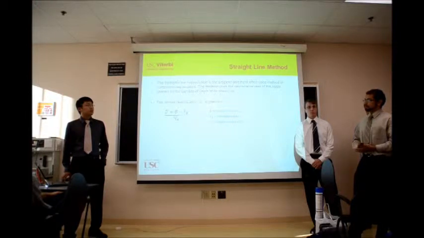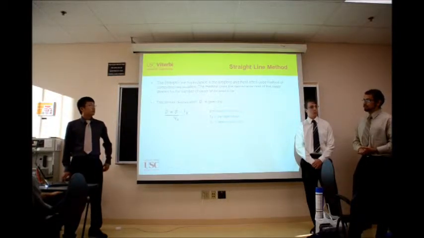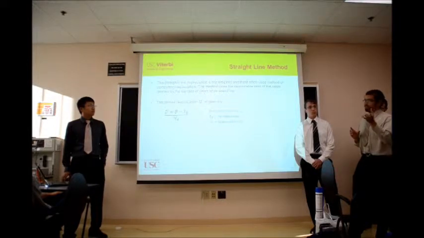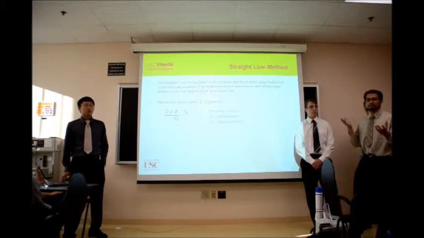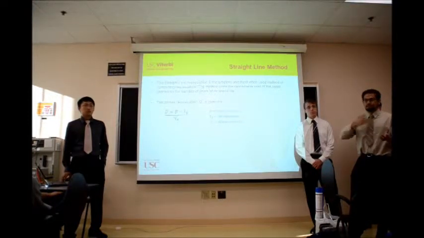It's very simple. The depreciation is given by the equation on the slide. First of all, you take the initial cost of your equipment, you subtract the salvage value, and then you divide by the number of years that you expect it to be in service. And it gives you an even distribution of depreciation during the entire service life of your equipment.